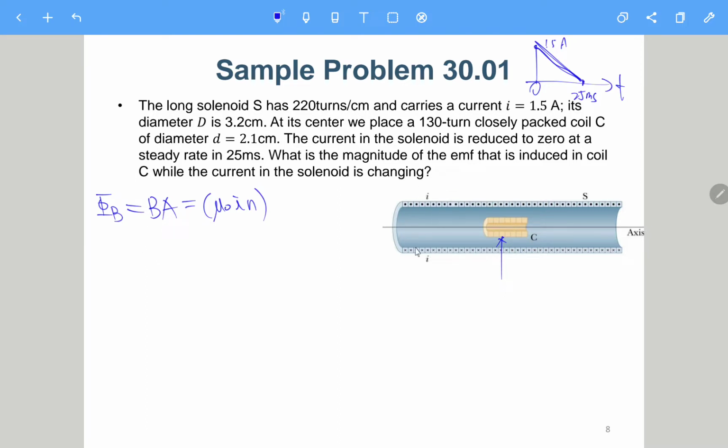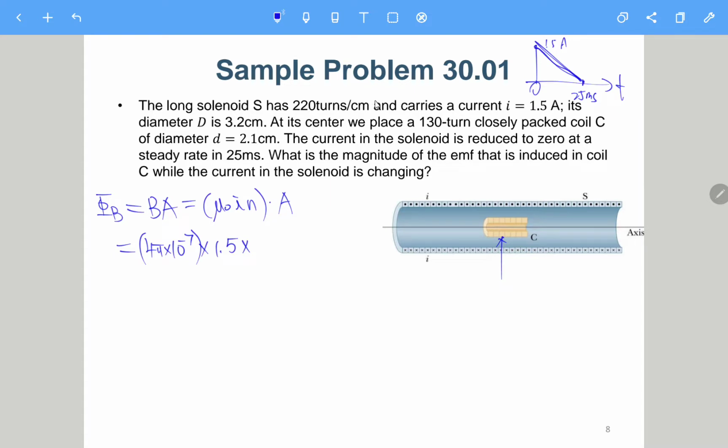The magnetic field generated by the larger coil is μ0 I n, and then times A. Okay, so μ0 is 4π times 10 to the minus 7, and I is this 1.5 A, and n is this 220 turns per centimeter, but we should change it to turns per meter.